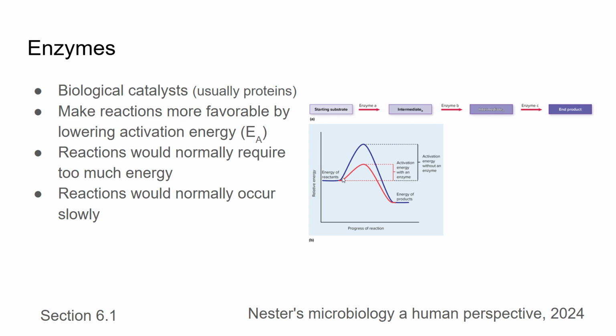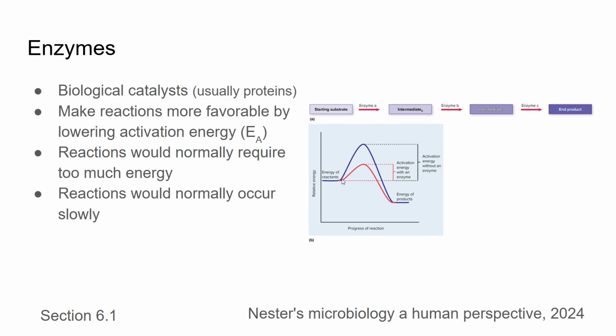So the blue line tracks the energy required without enzymes. It requires a lot of energy invested in order to have the products be formed. So by moving up, that consumes some energy to start, but then it moves down, so it frees up that energy again. So this actually slows down chemical reactions from occurring because it requires so much more energy.